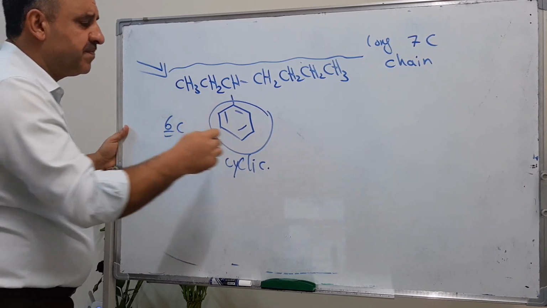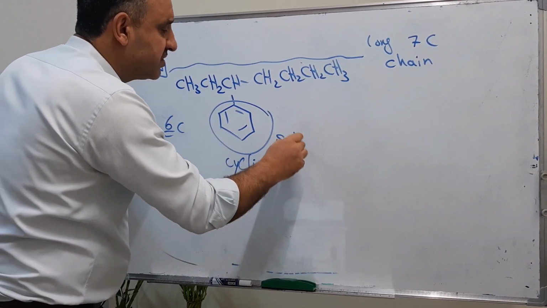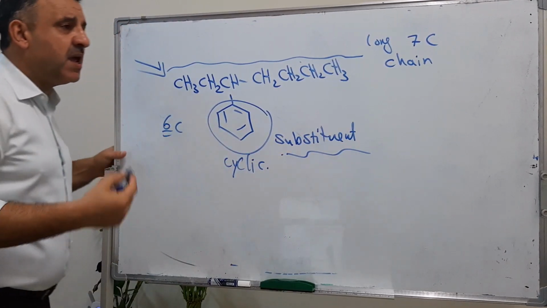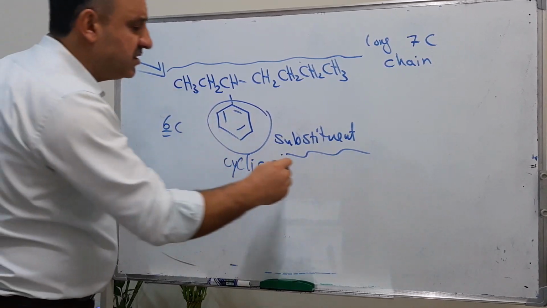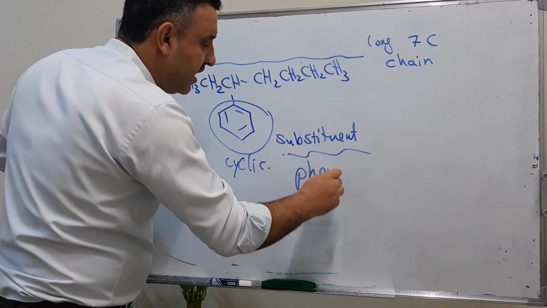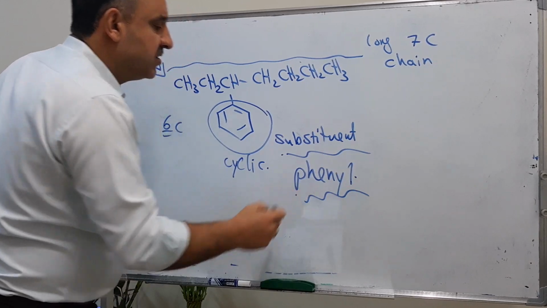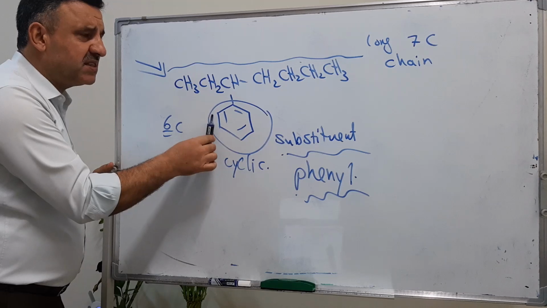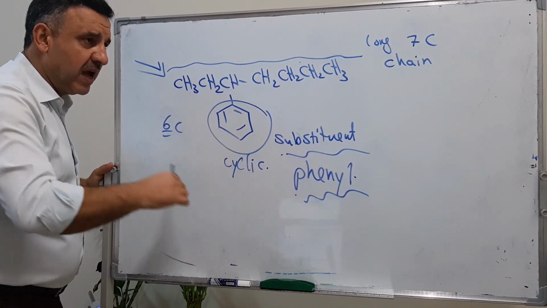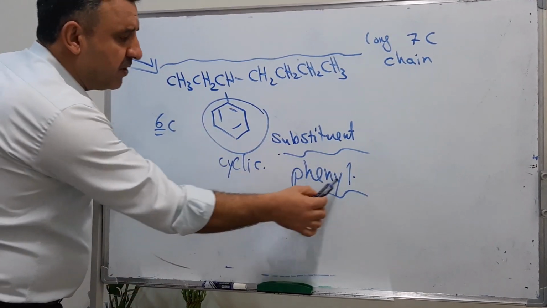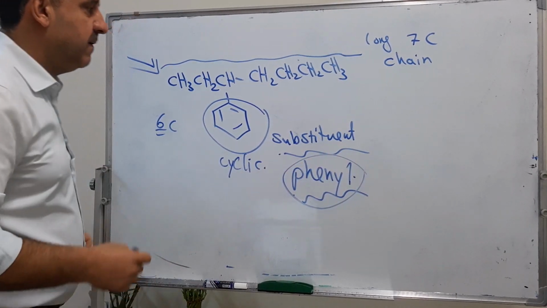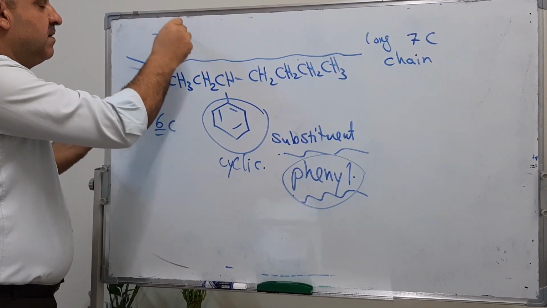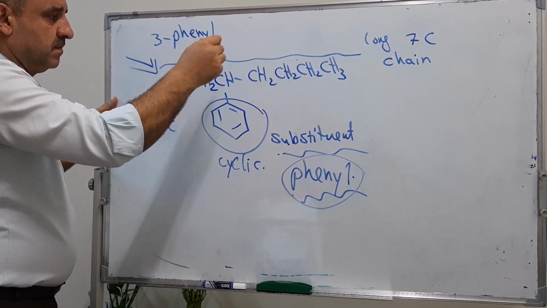In this case, this cyclic system will be a substituent. And to name the benzene as a substituent, we name it as phenyl. So whenever you need to name the benzene system as a substituent, not as a parent name, then we must use the term phenyl. So in this case, the name here will be 3-phenylheptane.